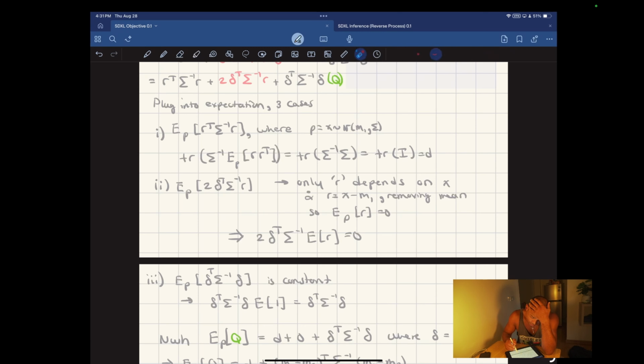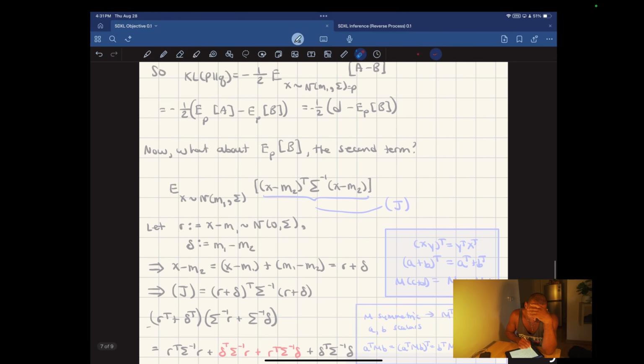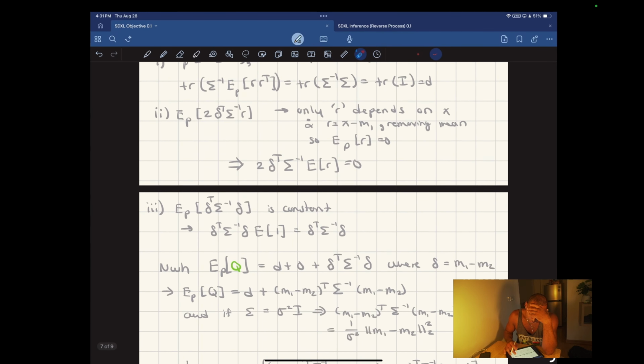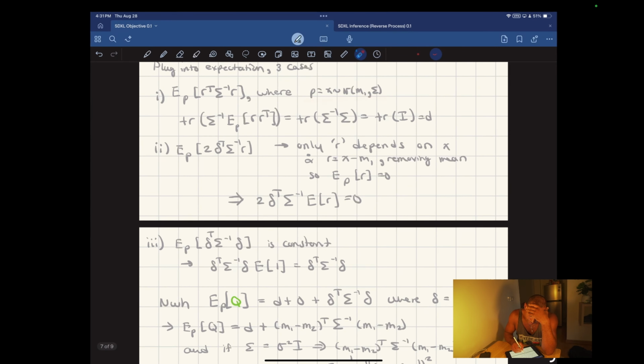P, I'm just using shorthand so I can fit all these things on one line. P is this distribution, right? That's what we're looking at the expectation of right now. Now, the expectation under P of R, right?